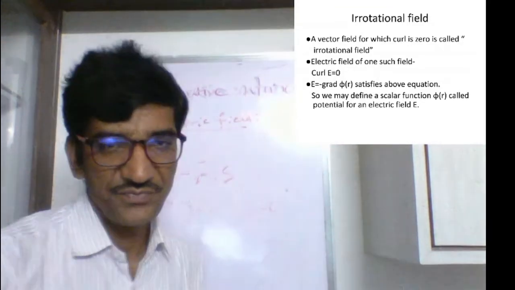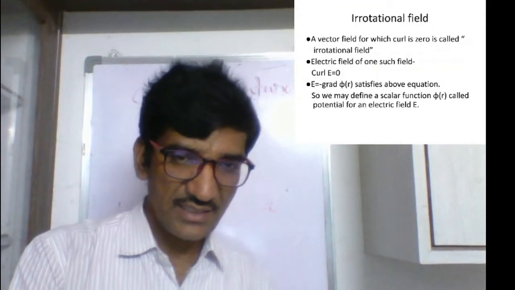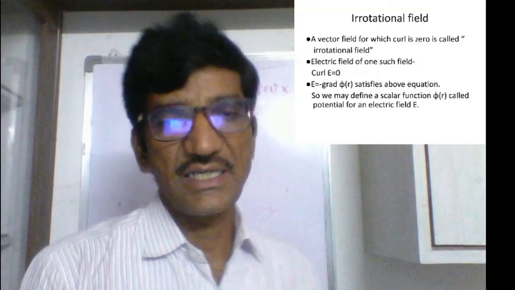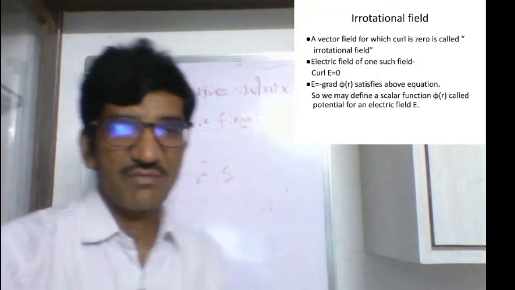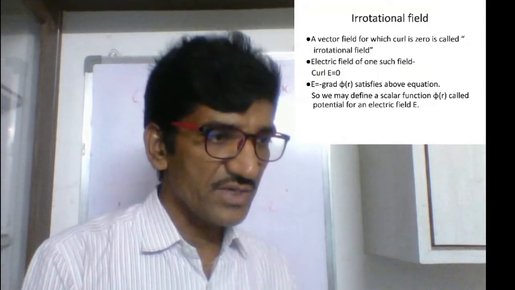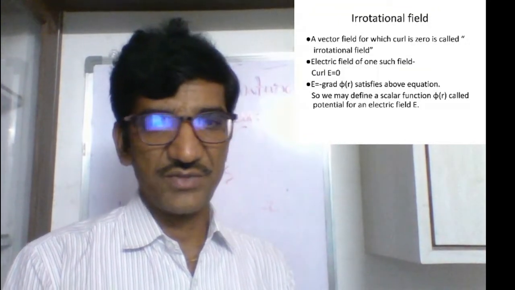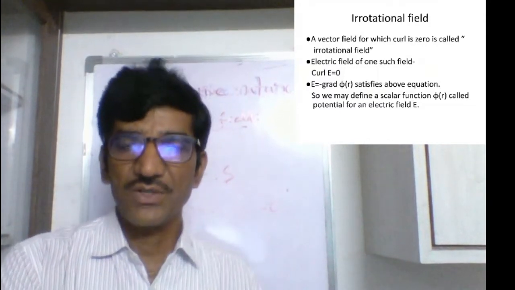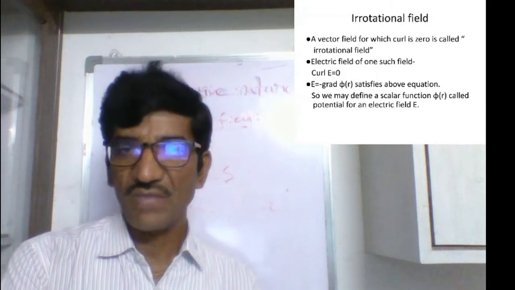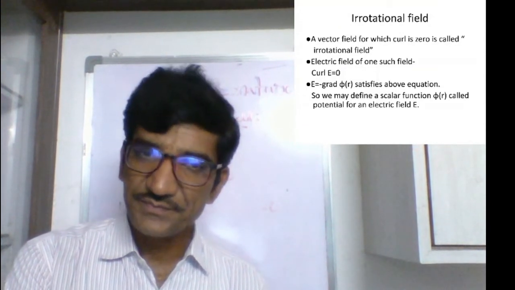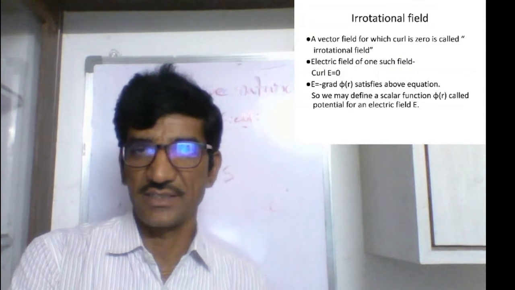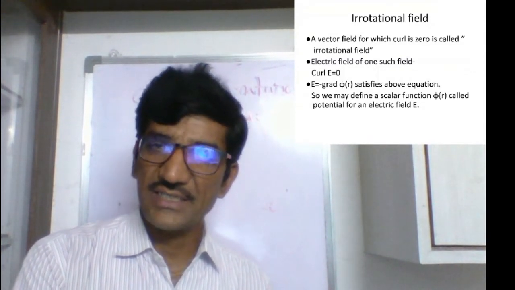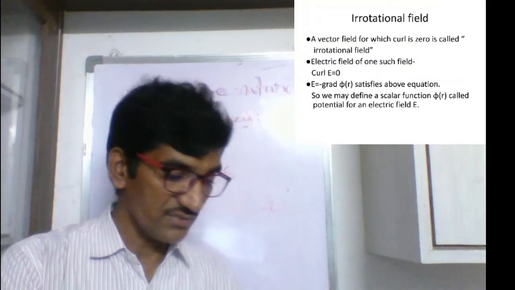So the integral of E dot dl equal to 0 is a mathematical statement of the conservative nature of the electric field. We want to write one more mathematical form for the conservative force field. Here it is irrotational. Electric field is also called an irrotational field.